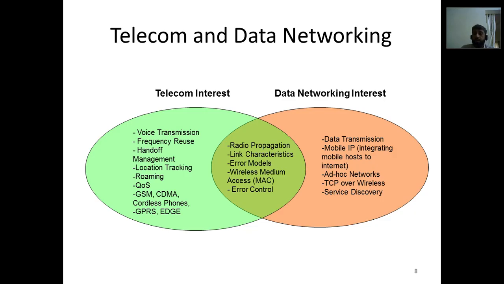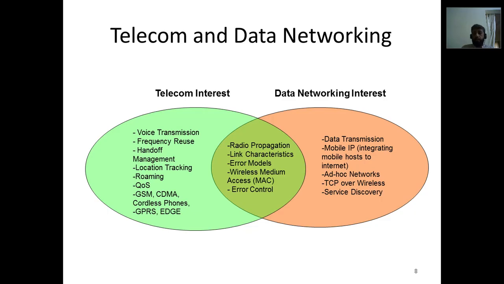Similarly, when people talk about data networking, they have other priorities, like how to transmit the data, how we need to integrate the mobile with the internet, that is the mobile API, how we can establish ad hoc network, and how we can provide other relevant services.